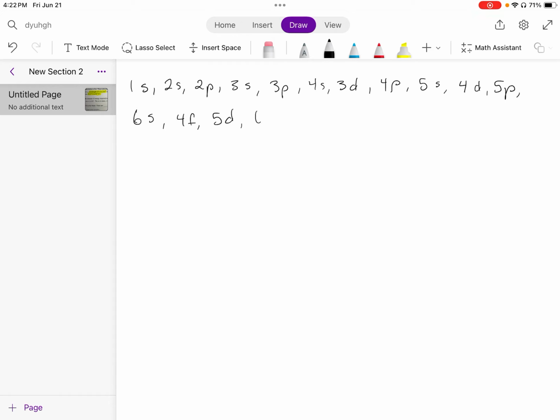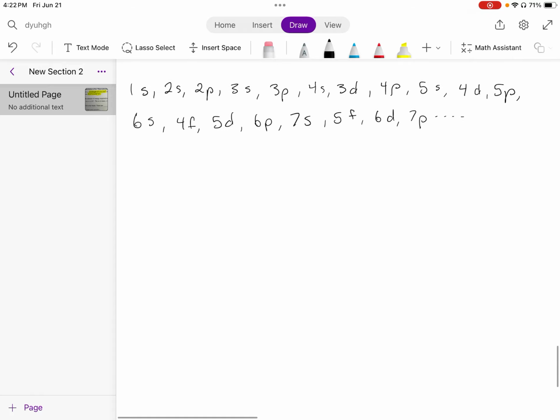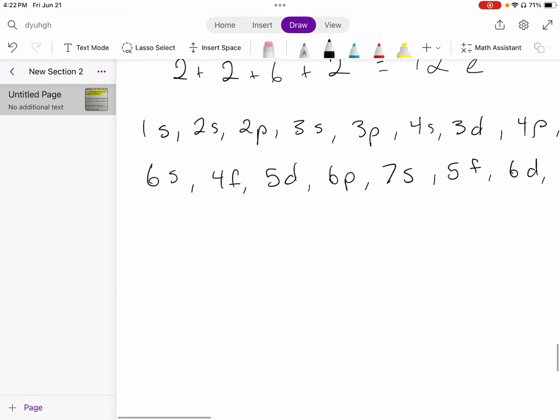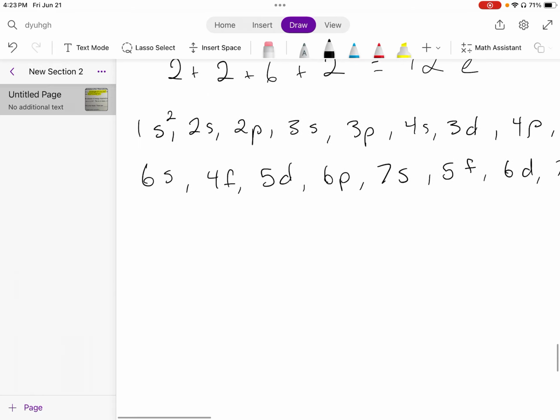And there's 5d, but I'm just going to keep going because I wouldn't have known it stops at 5d. 7p is really large, so usually I don't even know if things exist there. Anyway, okay, so let's start with 1s. We know that's going to be full.